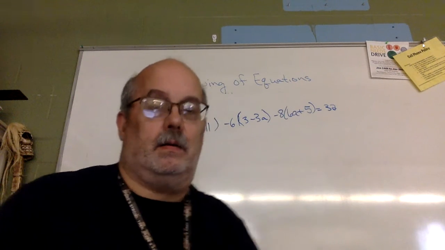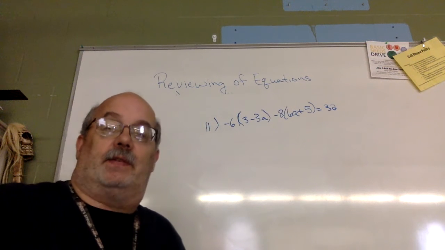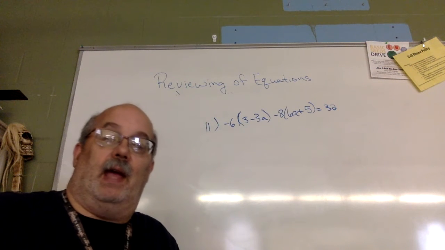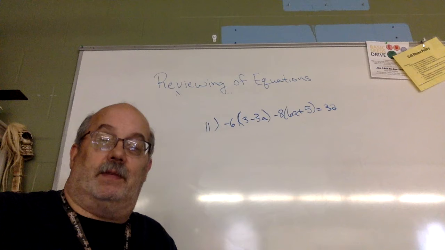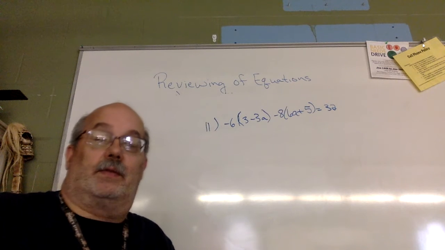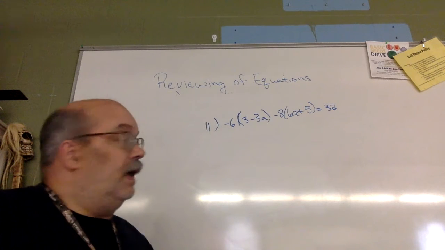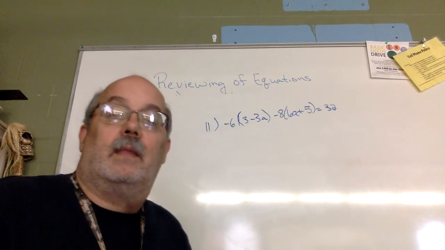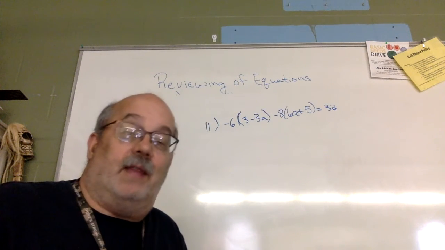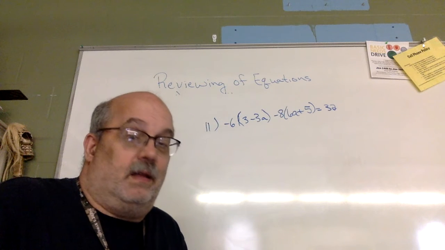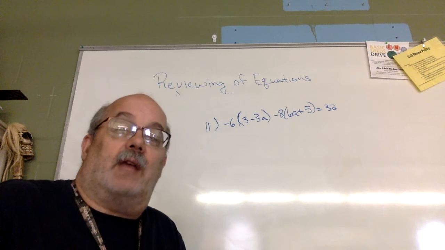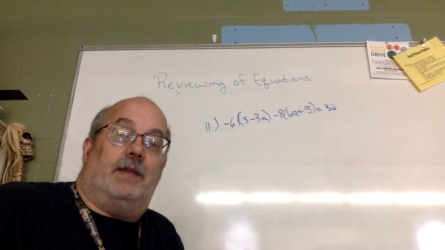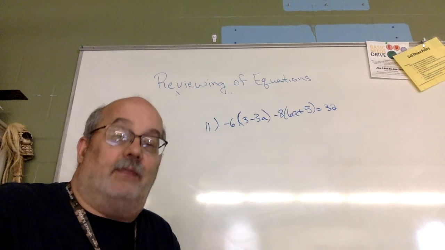A little bit longer. We have negative 6 times 3 minus 3a, minus 8 times 6a plus 5, equals 32. Inside the first parentheses, we have a 3 and a 3a. Well, one of them has an a, the other one doesn't, so you can't do anything. Once again, second set of parentheses, you have a 6a and a 5.